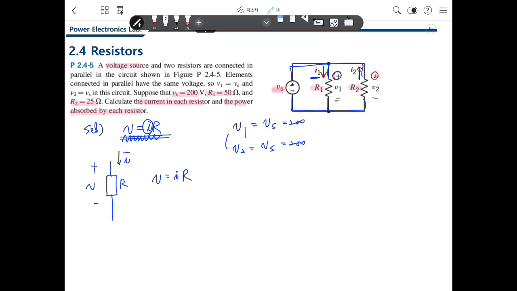If we define this R, the direction of voltage is V, then we define the current as I. Then what is Ohm's law? Actually, Ohm's law is defined in this direction, and then you can say. Then, if we express the current in this way, then that value will be minus I.